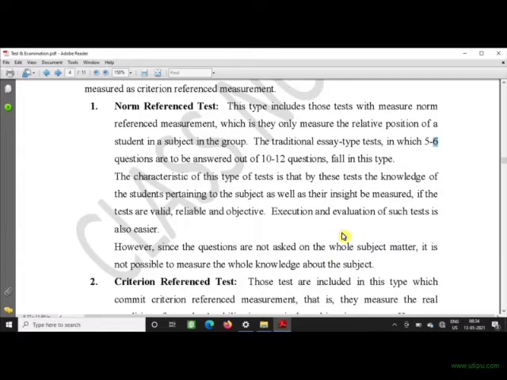For example, you have scored 98 and you are termed the first rank holder. How have you become first rank holder? Because another student has scored only 78 or 80. That's the reason you have become first rank holder.